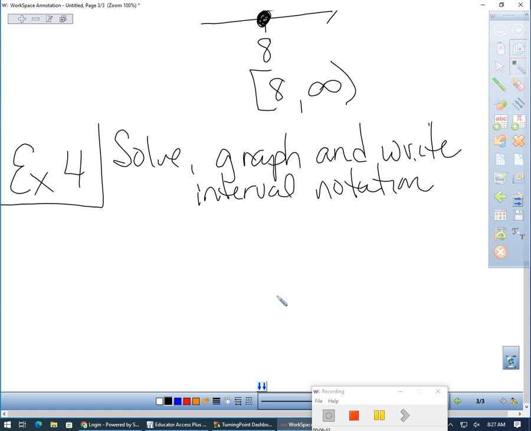And let's go with, how about, 4 is less than negative 2/3 x.